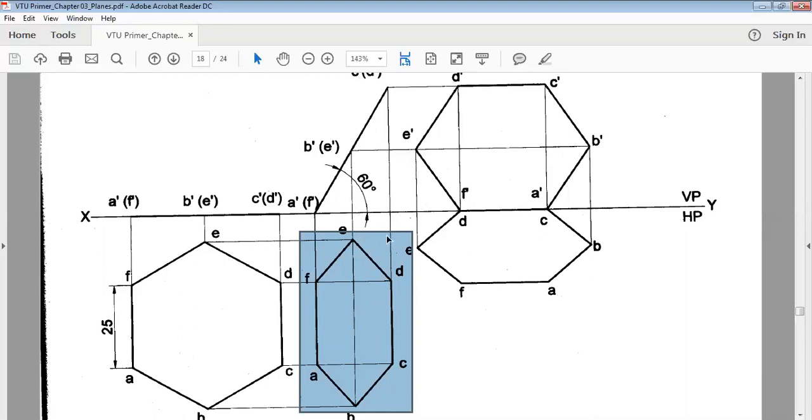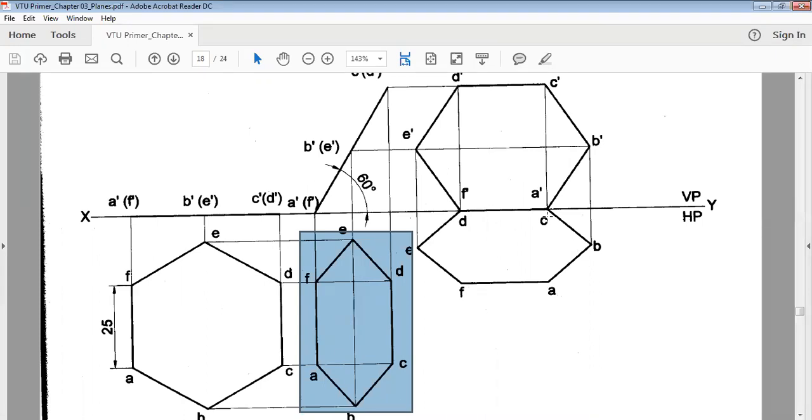Because the opposite edge, that is DC, is resting on VP. So in anti-clockwise, you have to place it in such a way that D and C should touch this XY line, not A and F, because it is very clearly given. The edge opposite to the edge on which it is resting is touching VP. So D and C should touch the XY line.